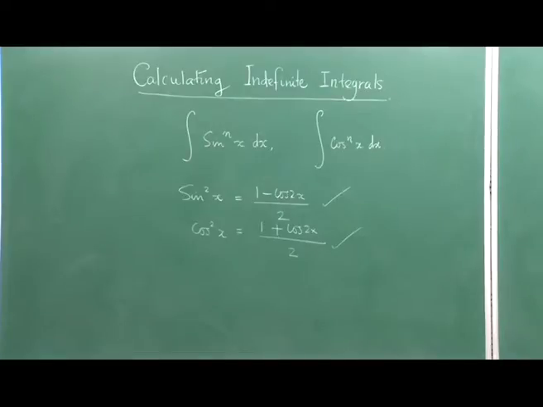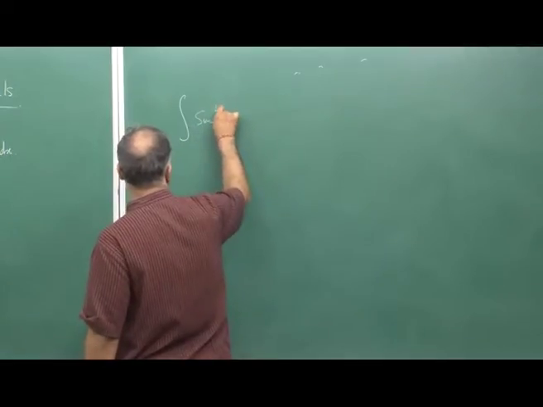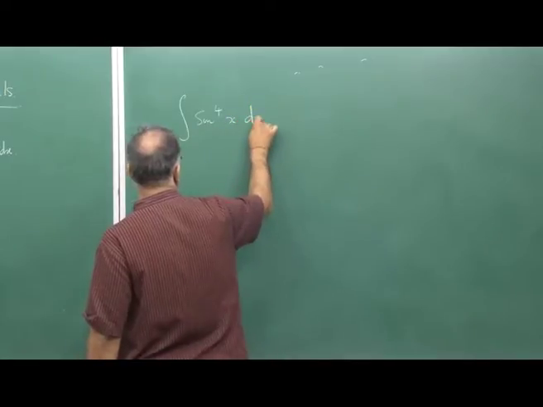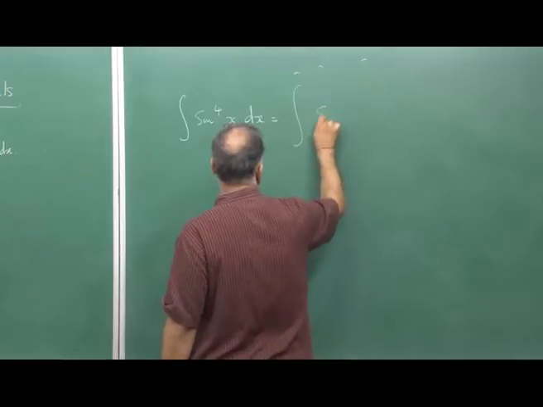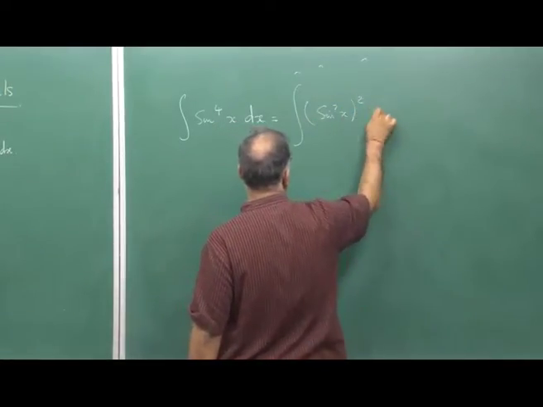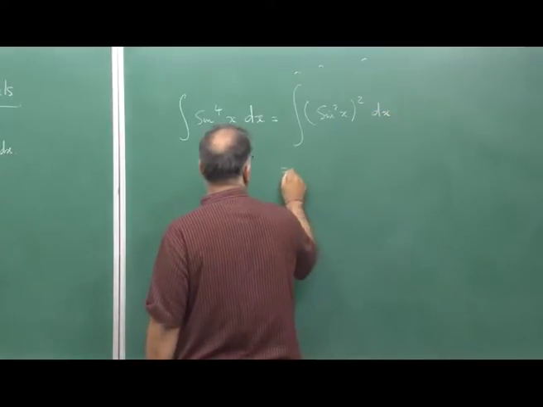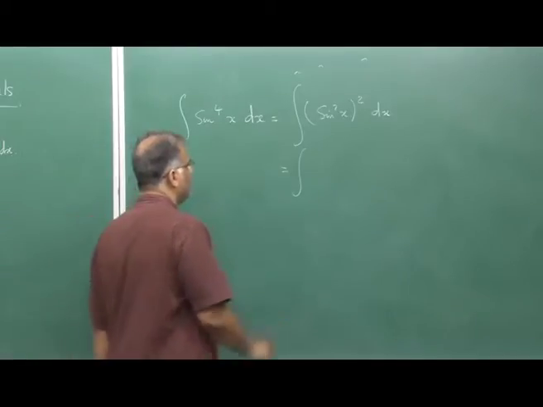So, first we will take an even power of sine and then we can take an odd power of sine and then we can apply other techniques. So, for example, that is the example which Spivak uses, is this one. So, what we will do is write it as integral sine square x whole square dx. Here I know what sine square x is, it is (1 minus cos 2x) by 2.